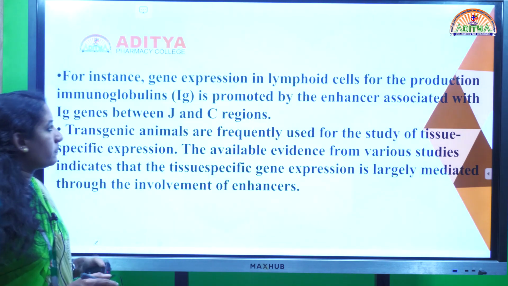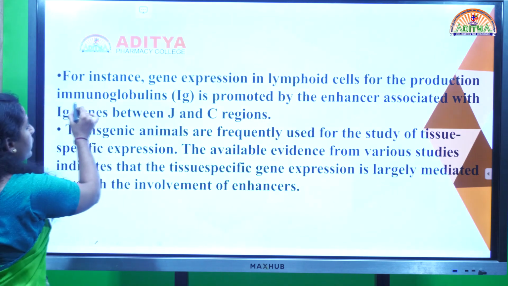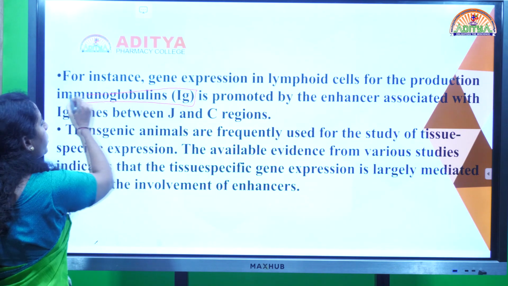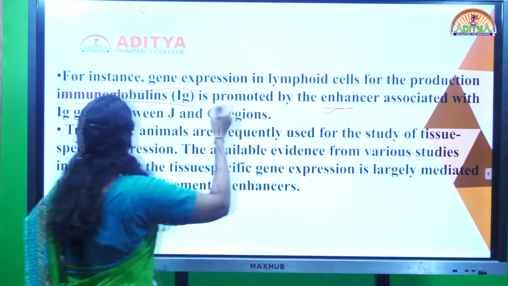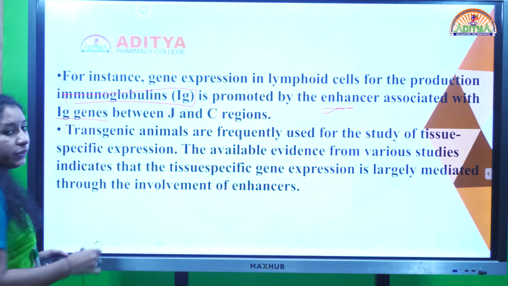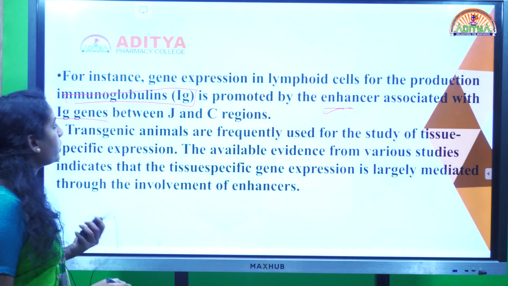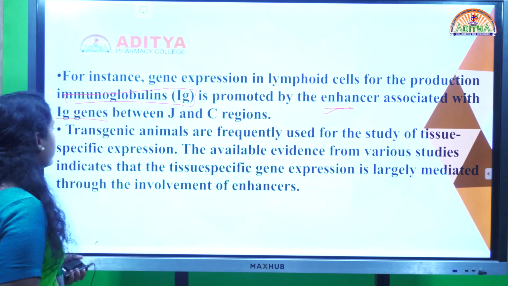For example, gene expression in lymphoid cells to produce immunoglobulin molecules is promoted only in the presence of these enhancers, and the enhancers associated with these immunoglobulin genes between the J and C regions will allow the gene expression process.